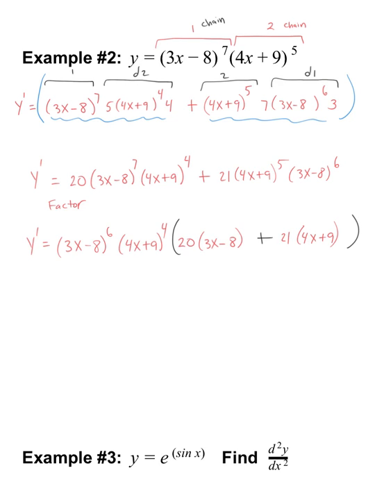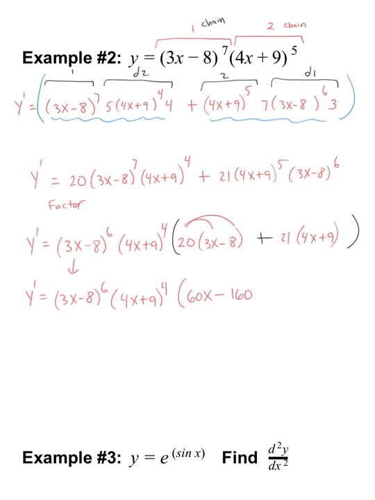The last thing to do is simplify in here. So make sure that you bring down your common factors. Those are part of the answer till the very end. (3x minus 8) to the 6th, (4x plus 9) to the 4th. Now I distribute. 20 times 3x gives me 60x. 20 times 8 gives me 160.